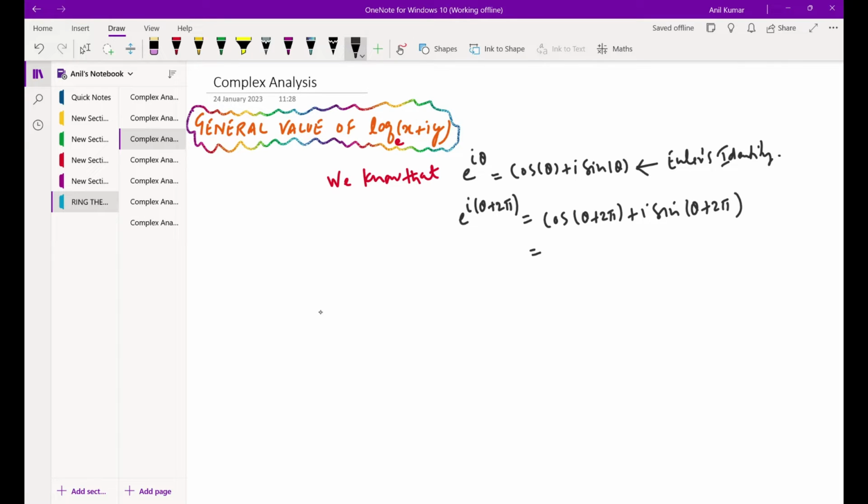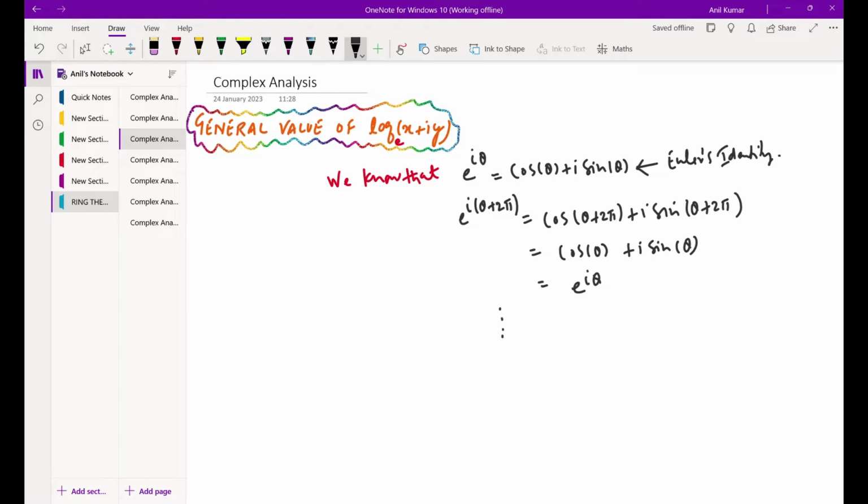And we know that cos and sine are periodic functions having period 2 pi. So cos of theta plus 2 pi is again cos of theta. Similarly, using the fact that sine and cos are periodic functions having period 2 pi, ठीक है, आप यहाँ पे मेंशन कर सकते हो यहाँ पे रीजन. So this is nothing but the same as e raised to the power iota theta.